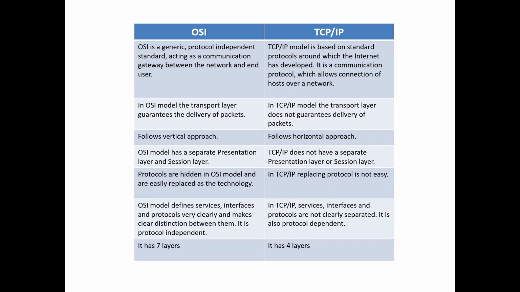That means one protocol is not dependent on another protocol. In the TCP/IP model, protocols are not clearly separated. That means one protocol is dependent on another protocol. So the TCP/IP model is protocol dependent.